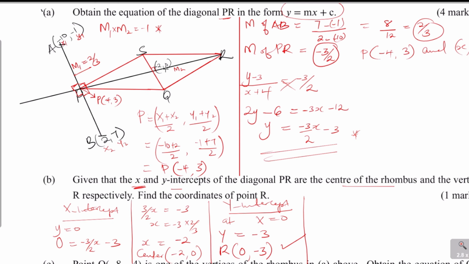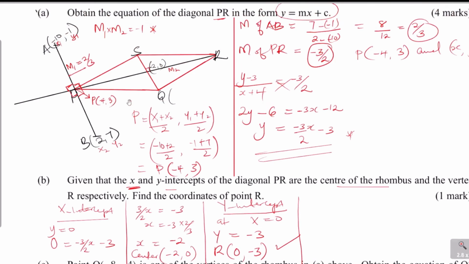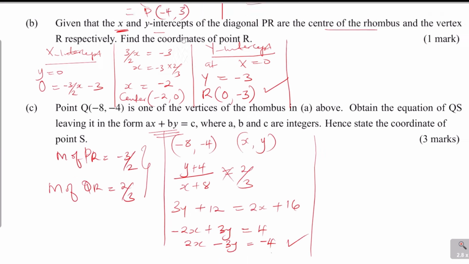So the center is (-2, 0), and we have Q. Q is (-8, -4). It is given down here. So since this point (-2, 0) is the midpoint of QS, I will draw that line here.